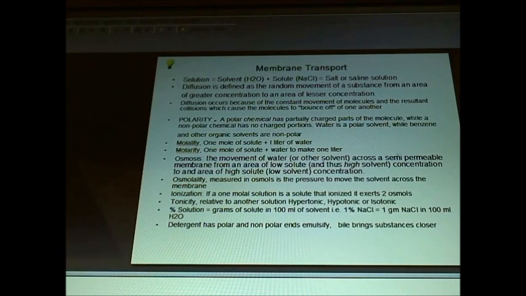Now, osmosis. Osmosis is the movement of water or other solvent across a semi-permeable membrane from an area of low solute, thus high solvent concentration, to an area of high solute and low solvent, like we saw with the egg. The egg was in distilled water. The distilled water has no solute. By definition, it's distilled water.